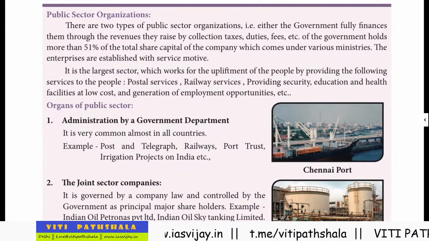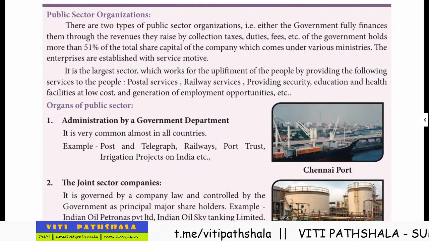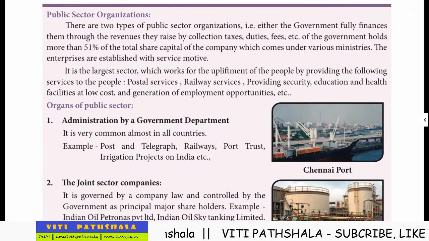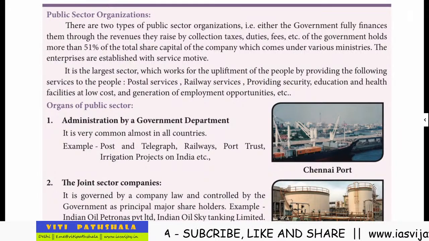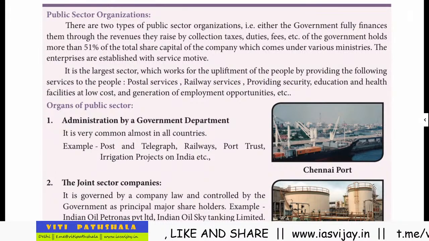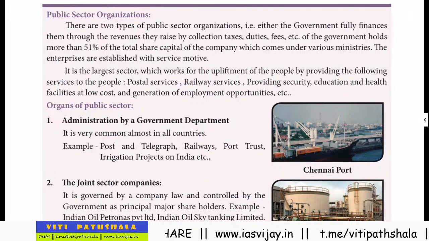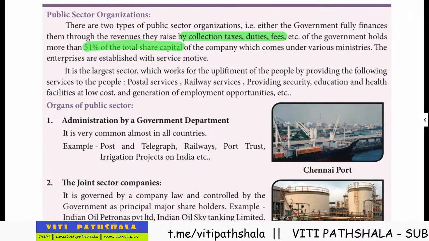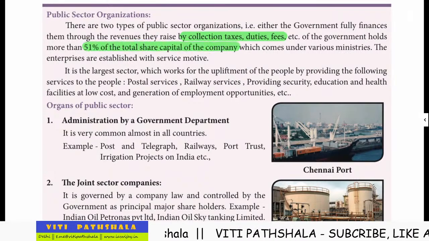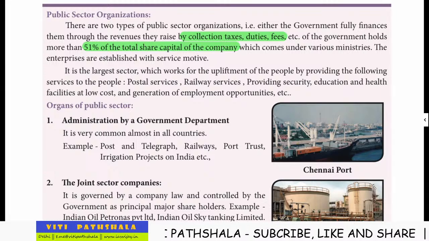Now, there are two types of public sector organization. Either the government fully finances them through the revenue it raises by collecting taxes, duties, fees, etc. So this is one way you can do that. Or the government holds more than 51% of the total share capital of the company, which comes under the various ministries.